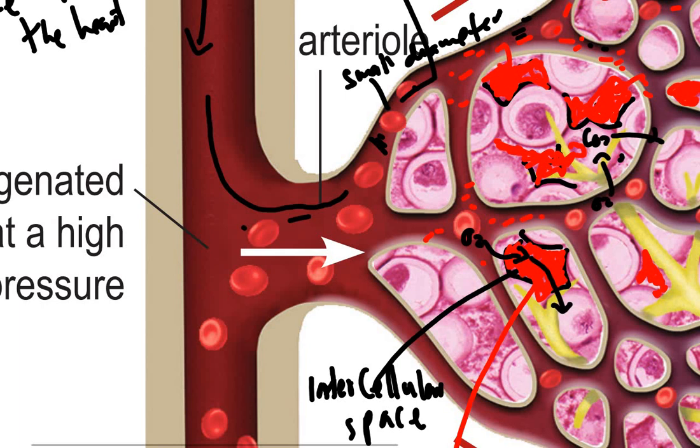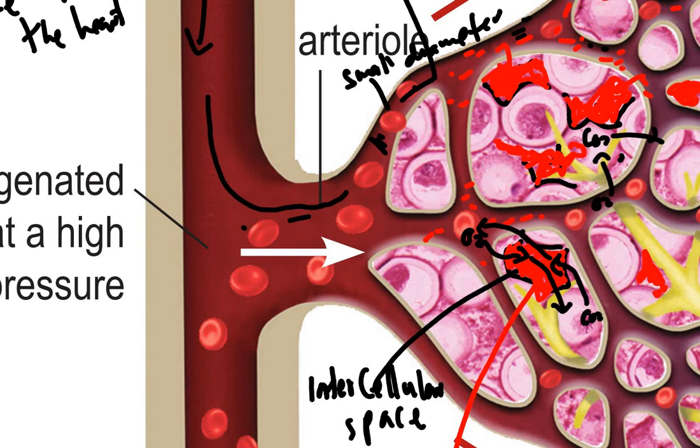And at the same time, if we have CO2 here, CO2 will diffuse into the tissue fluid, then go back to the blood like this. So this means the tissue fluid is actually the medium of exchange of materials between the cell and the blood.